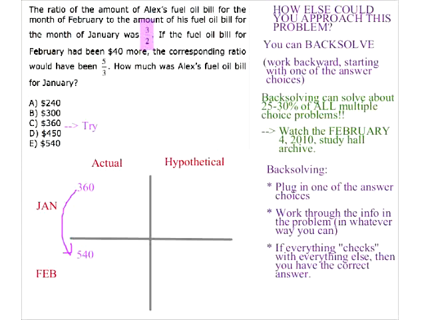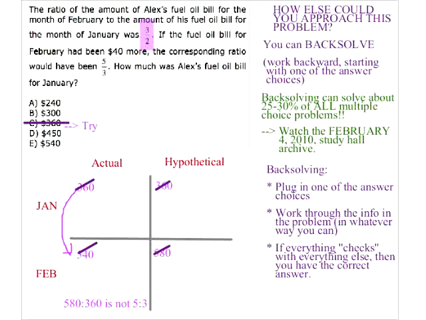If you need to solve a proportion to do that, you can. 3:2 equals X over 360. Then if the fuel oil bill had been $40 more, this would still be 360, but then this would be 580. So 580 to 360 is not 5:3. It's supposed to be 5:3, which means that these are incorrect, and so choice C is out.